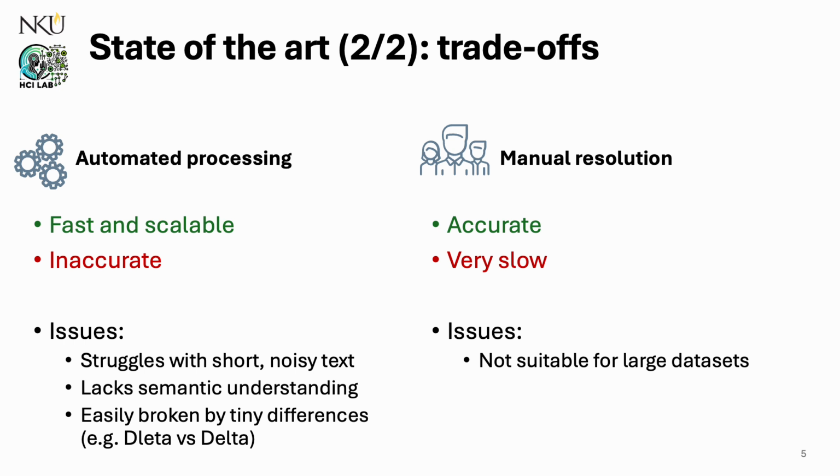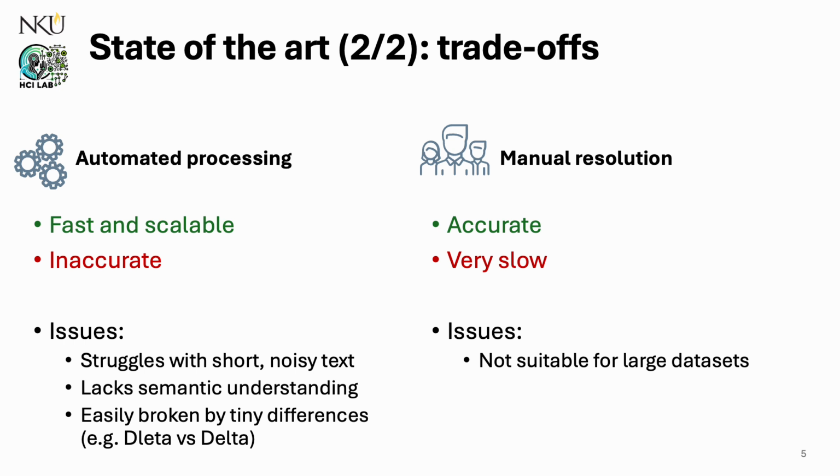Like in the case of Delta, as you can see on the screen, with a small typo, it confuses the two variations of the brand Delta and treats them as unrelated just because of a small typo. Manual methods, on the other hand, are accurate, but they are time consuming and impossible to scale when dealing with hundreds of thousands of brand names, which is our case.